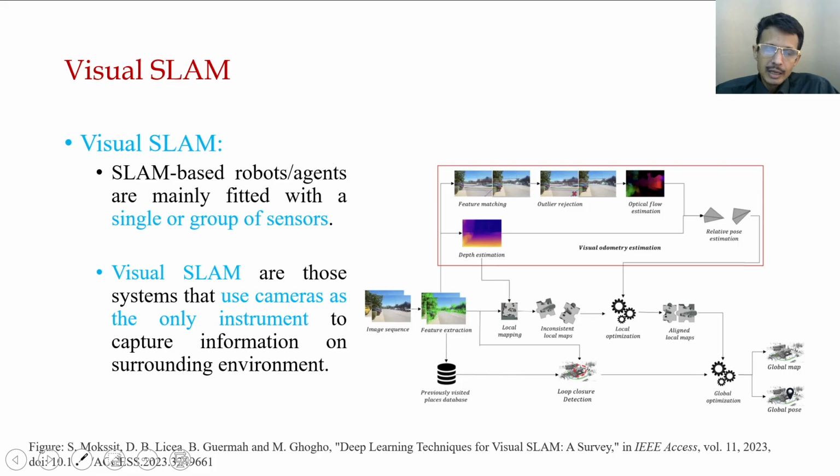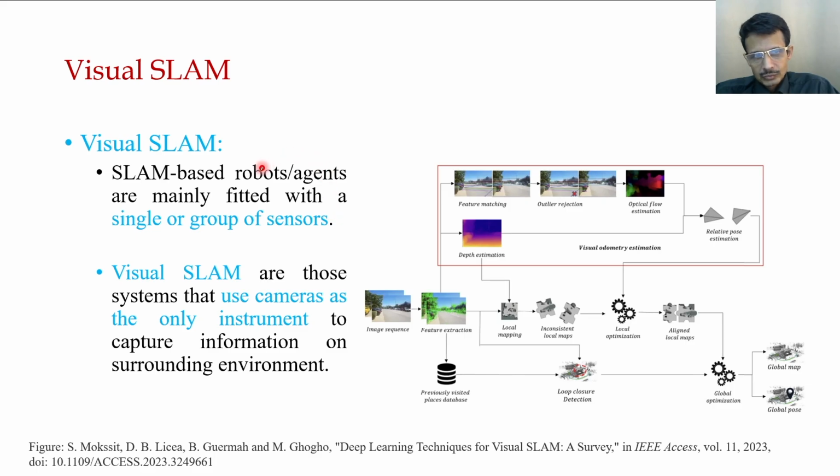Okay. Now comes visual SLAM, the topic of this lecture. Visual SLAM is basically SLAM where the input is camera images. SLAM based robots or agents are normally fitted with a group of sensors.